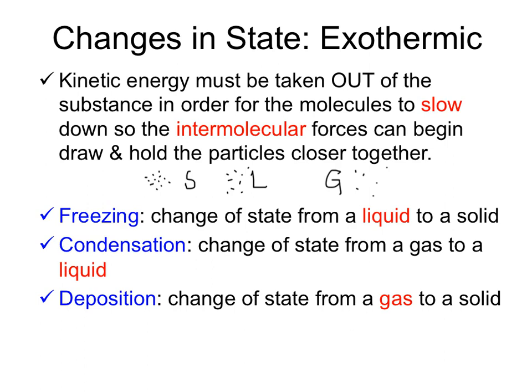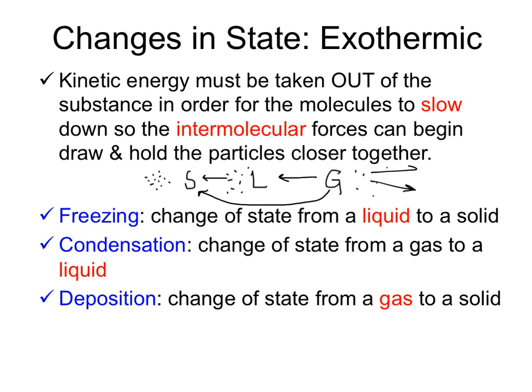The three additional phase changes that you need to know is when a gas turns into a liquid, which is called condensation, and a liquid turns into a solid, which is freezing, and when a gas directly converts to a solid, which is called deposition. In all three of these phase changes, we have to remove kinetic energy from the substance in order for the molecules to slow down so that the intermolecular forces can begin to draw and hold the particles closer together.